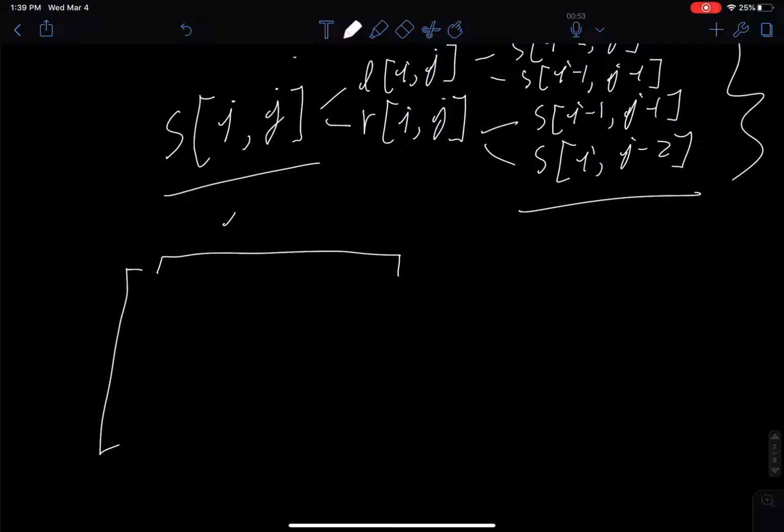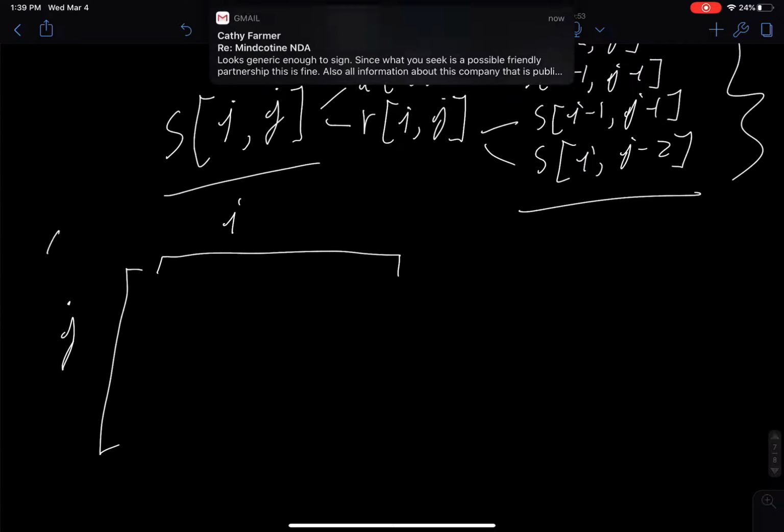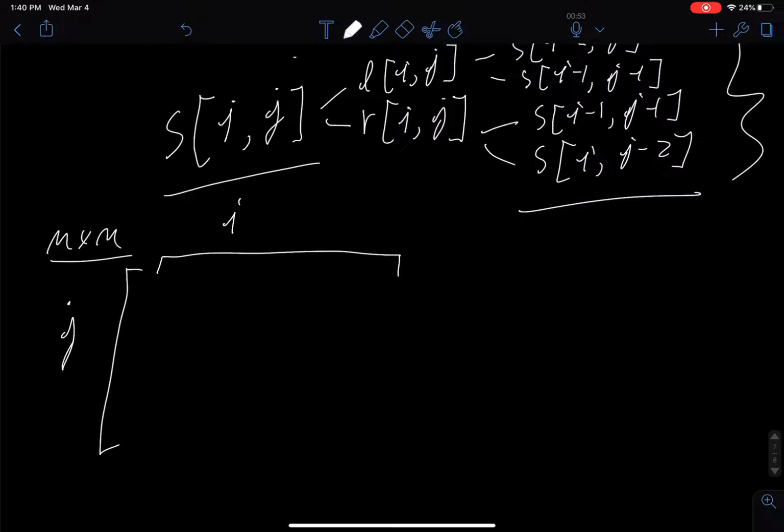Let's say this is I, and this is j. This matrix is n by n. And we'll say that the ijth entry of this matrix is just equal to s sub ij.